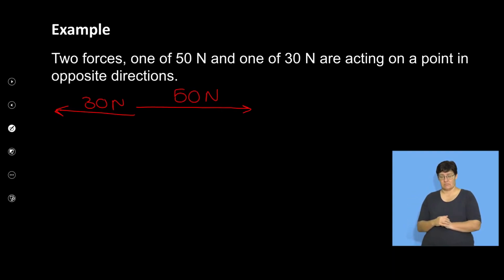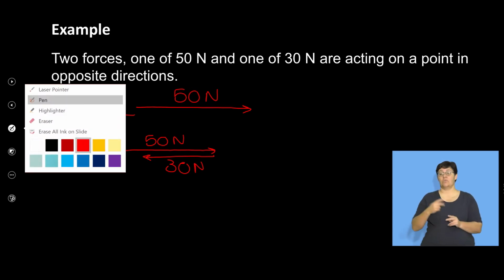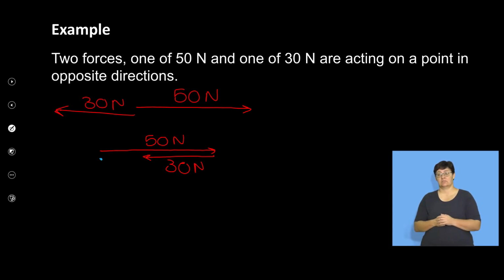If I do it by construction and we would measure this, we would go 50 newtons here, 30 newtons there, and my resultant goes from here to there, and that's 20 newtons. My resultant starts at the beginning of the first one and ends at the end of the last one.